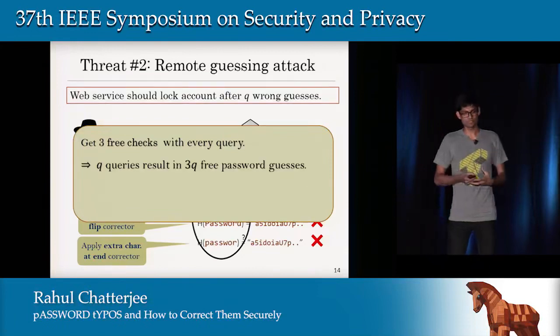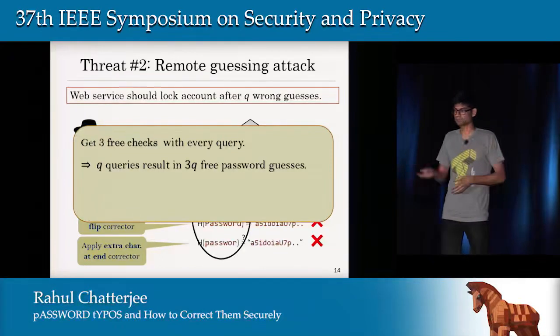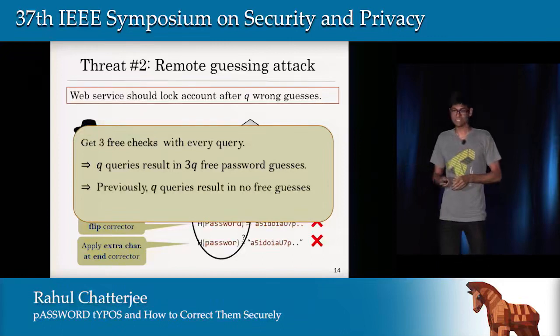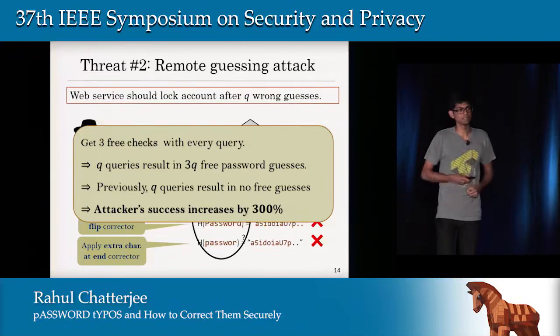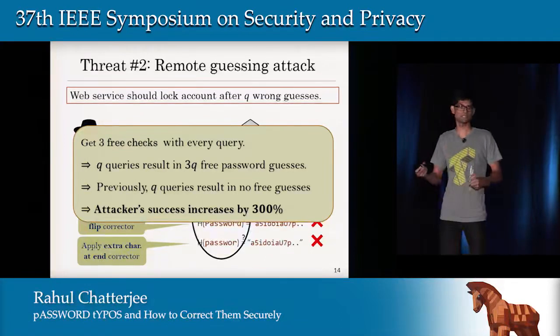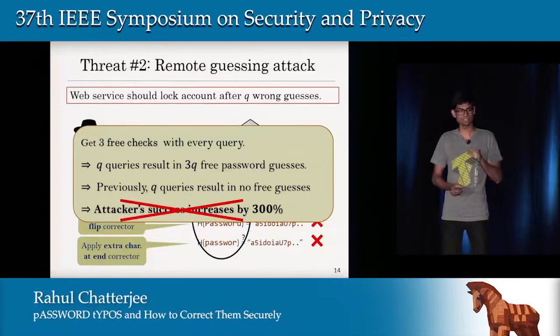With Q queries, the attacker will get 3Q free password guesses. If the server did not allow typos, there would be no free guesses. That means the attacker's success will shoot up by 300% because of typo tolerance. No. That last implication is not correct.